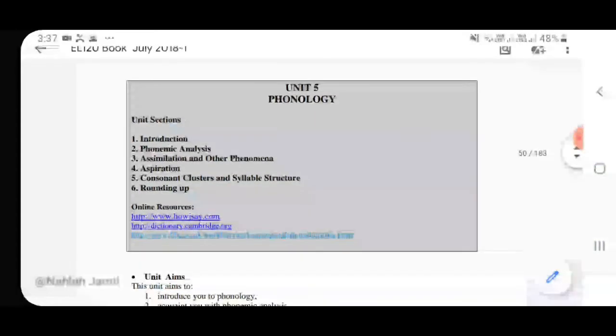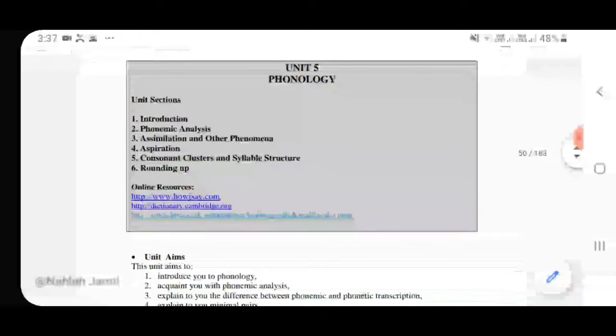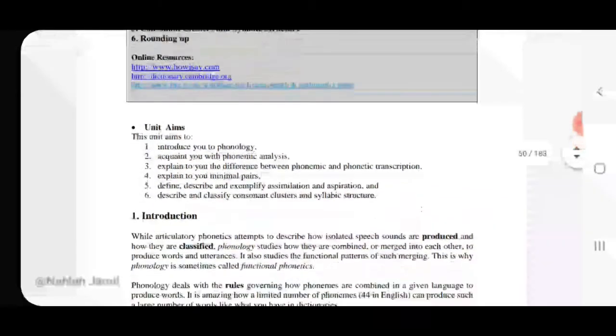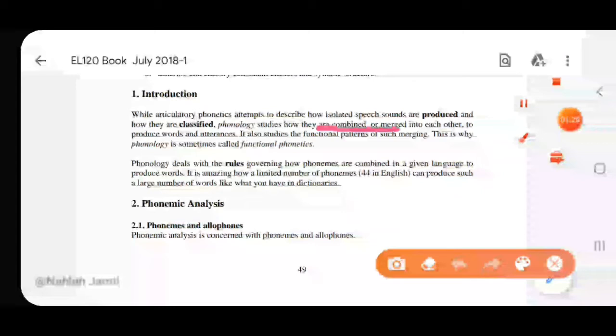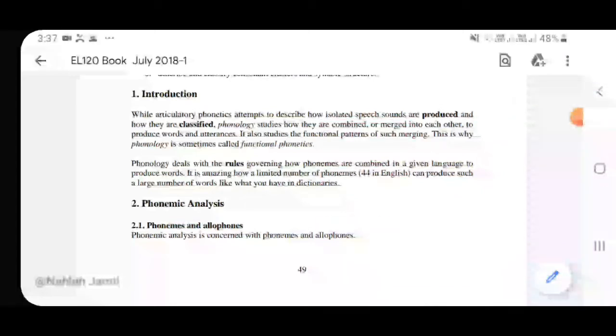Okay, so first of all, let's see what's the difference between phonetics and phonology. Phonetics deals with isolated speech sounds by themselves. Isolated speech sounds here are basically consonants and vowels, each one of them by itself.